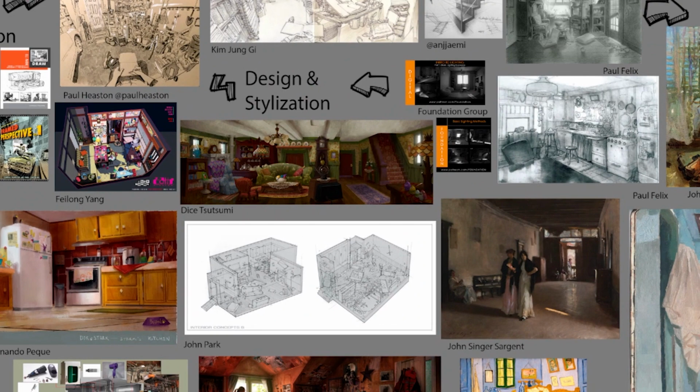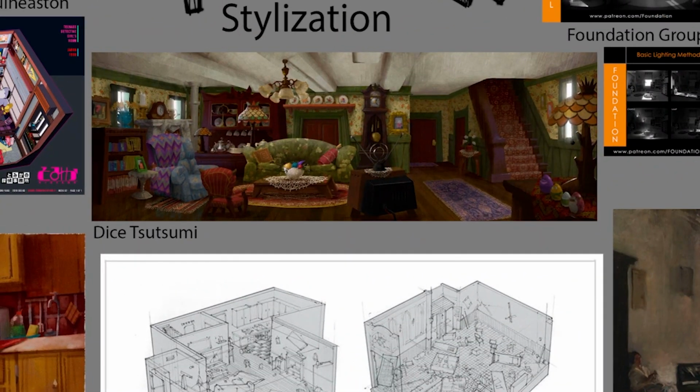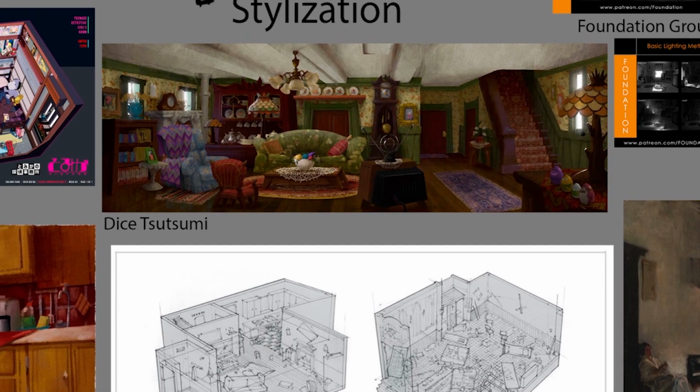Finally, last but not least, we're going to talk about design and stylization. I love this room by Tsutsumi for Monsters University, if I'm not mistaken. The light coming from the windows, we've seen this in other videos as well, this same image.